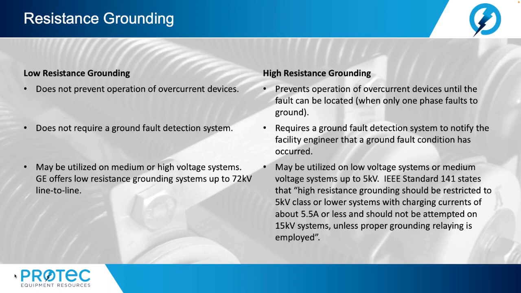In HRG, it may be utilized on low voltage systems or medium voltage systems up to 5 kV. IEEE Standard 141 states that high resistance grounding should be restricted to 5 kV class or lower systems with charging currents of about 5.5 amps or less, and should not be attempted on 15 kV systems unless proper grounding relaying is employed.